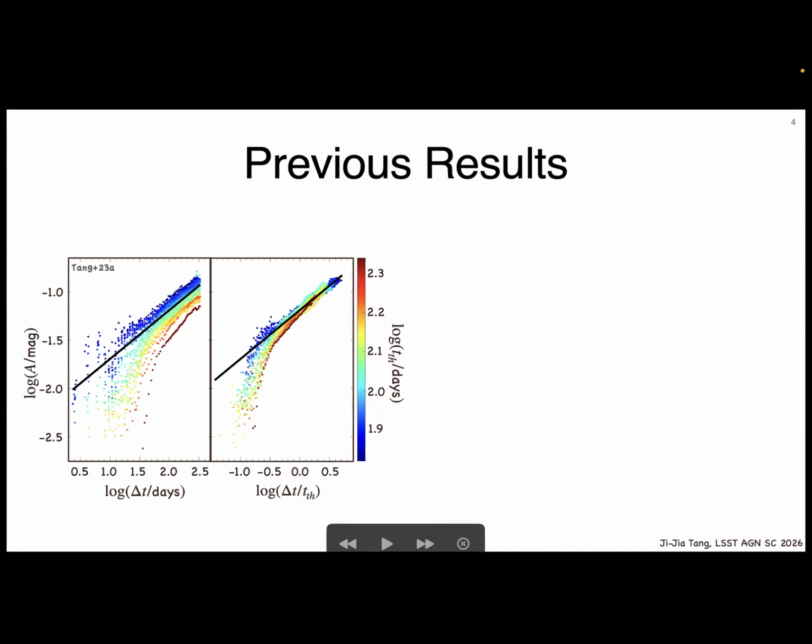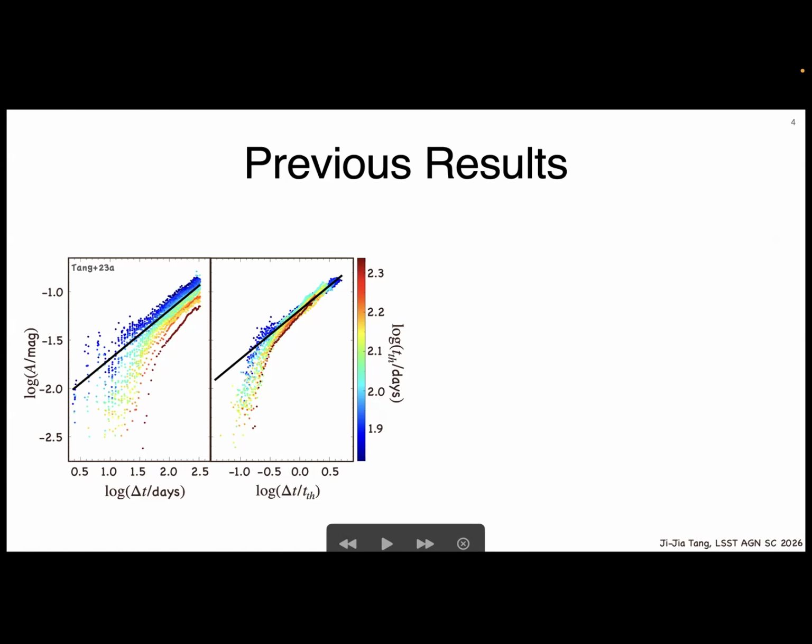Just a reminder of my previous results, we were able to show that there's a universal relation. If we look at the data in units of thermal timescale, as in the figure on the right, you can see the relation is much more tightened.